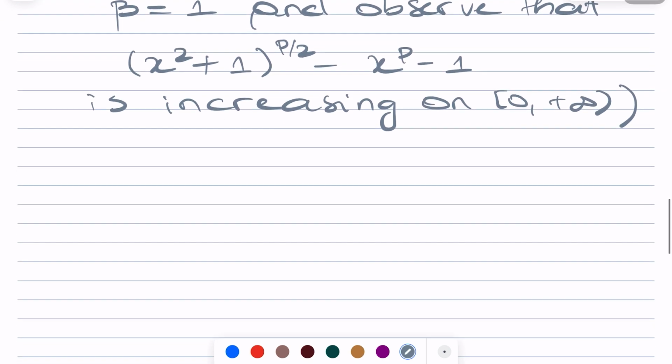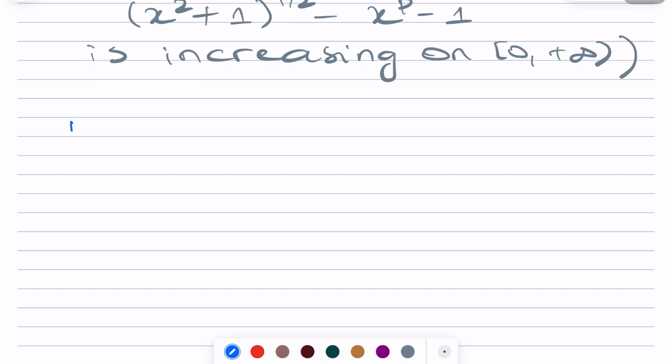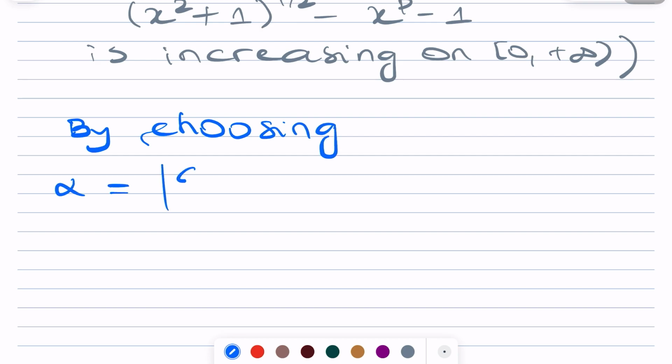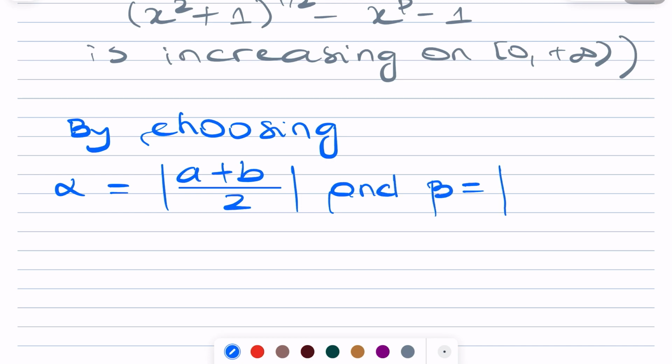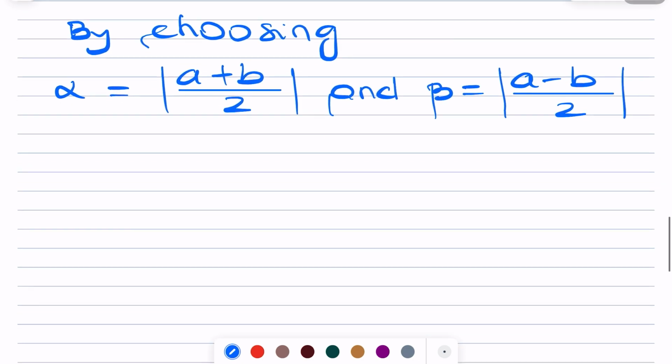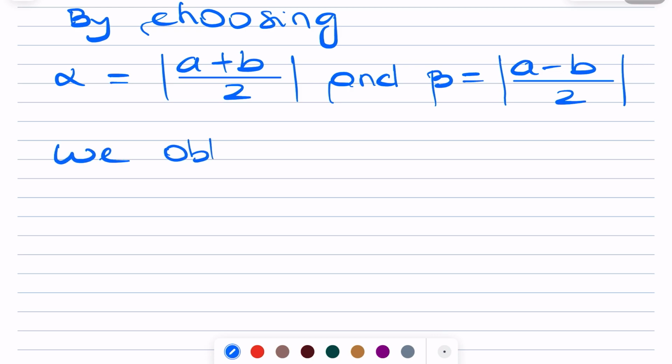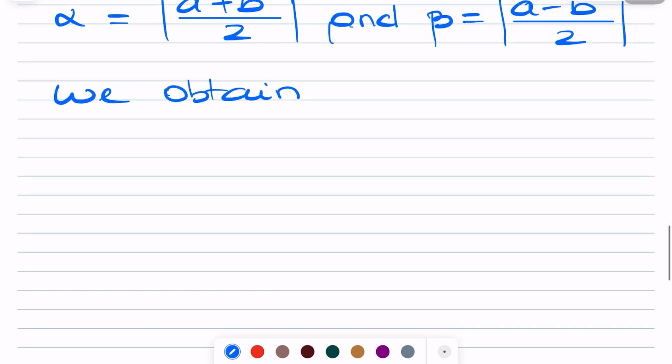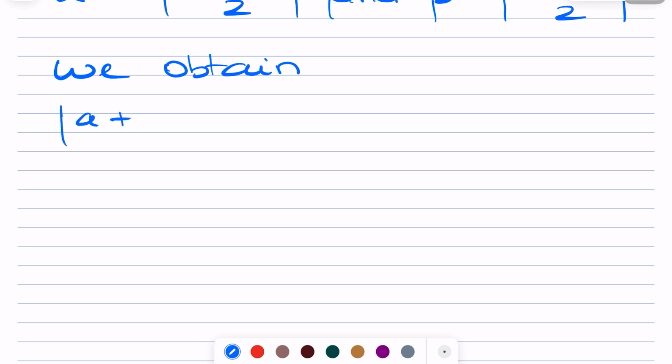Okay, since that inequality holds, by choosing alpha to be the absolute value of (a plus b) over 2, and beta to be the absolute value of (a minus b) over 2, we obtain, it's all about replacing, right?